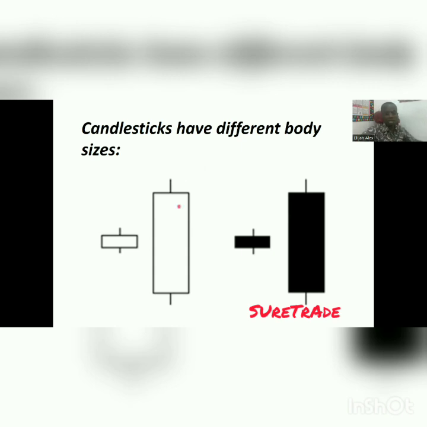If you see a bullish candlestick formation as big as this, it means that the buyers are so much around there. And if it's very small, it shows a small influence of the buyers. This one shows the influence of the sellers.